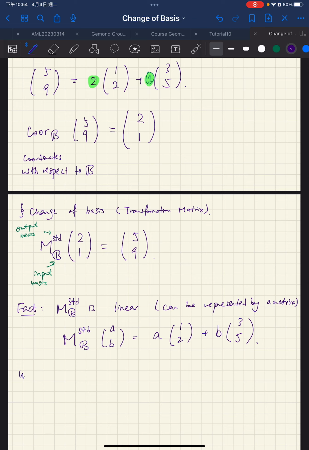So then what is the matrix? Let me write down the B to STD matrix. What is it? This is the ultimate question. To find a matrix, the easiest way is to use the standard basis coordinates.